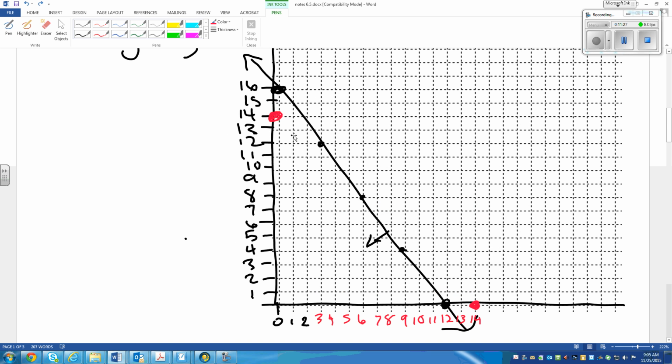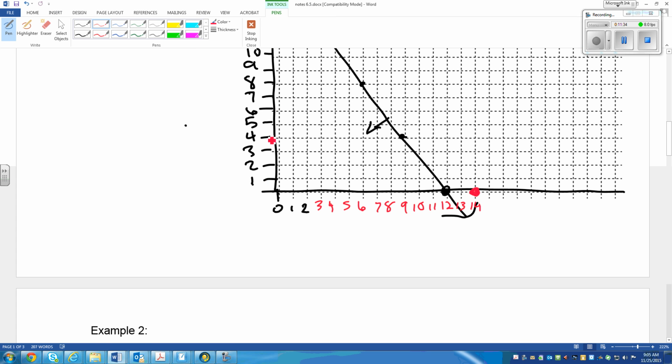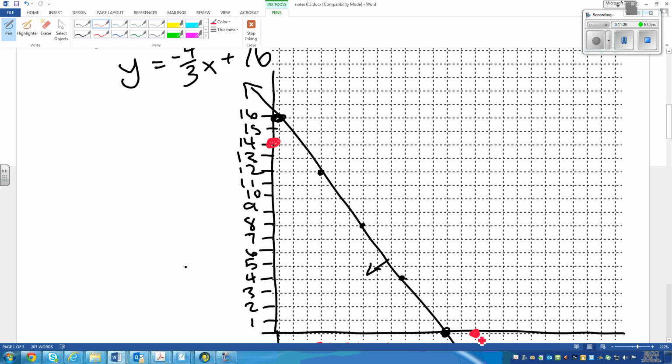If I connect the dots and do that line, you get something that looks like that. Hopefully you're using a ruler.